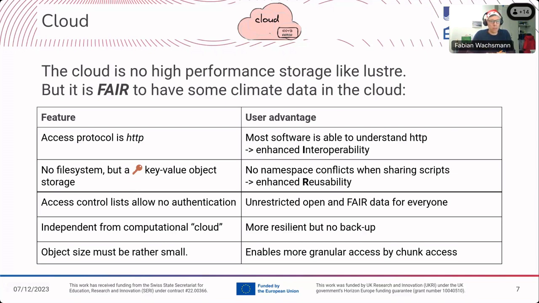If you have a script and you put your local file path into the script and then you share the script, but the people you share it with do not work on the same file system, the script won't work. This cannot happen if you work with cloud storage data, because you have a URL to the data, and this is unique for the globe.